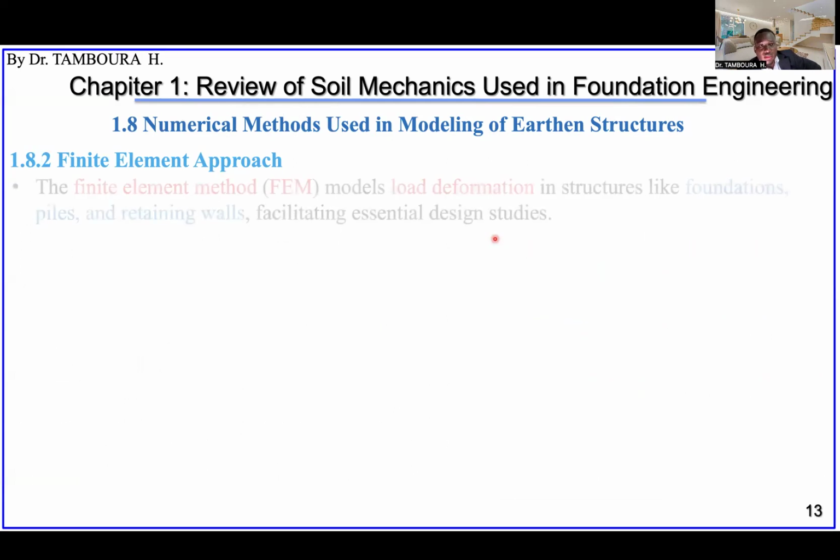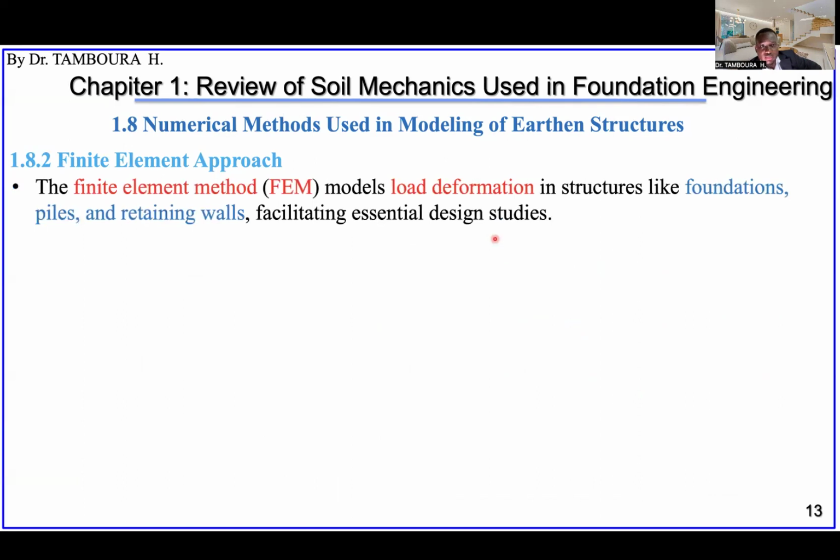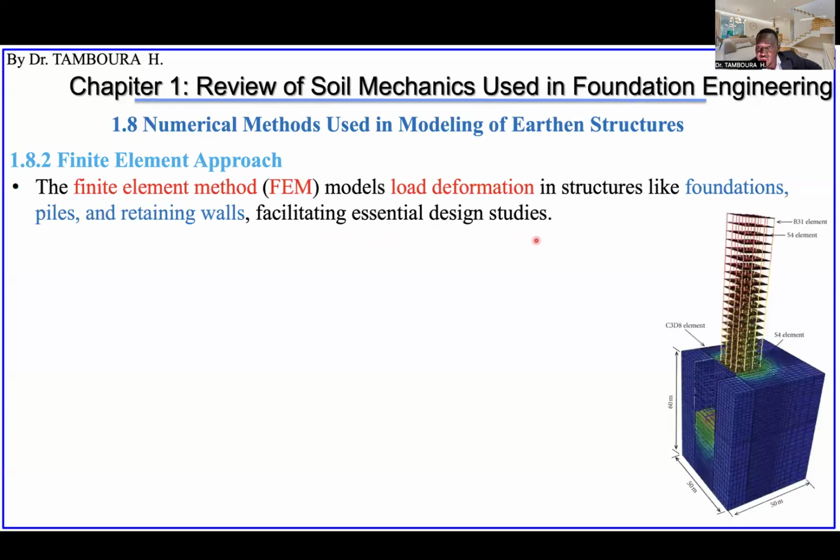So the finite element method, this one, FEM, allows you to model load deformation in structures like foundation engineering, piles, retaining walls, facilitating essential design studies.